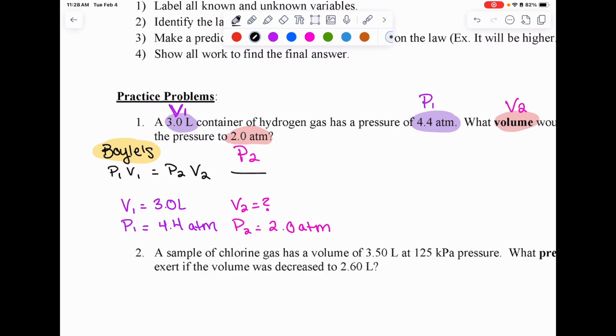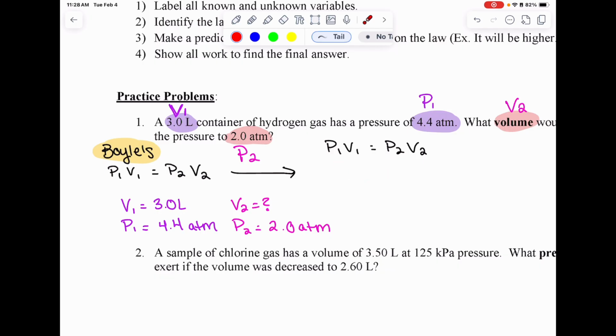First, let's rearrange this equation in order to find V2 by itself. So we should have P1 V1 equals P2 V2. We need to get V2 by itself, but P2 is right next to it, so I need to move that P2 over.